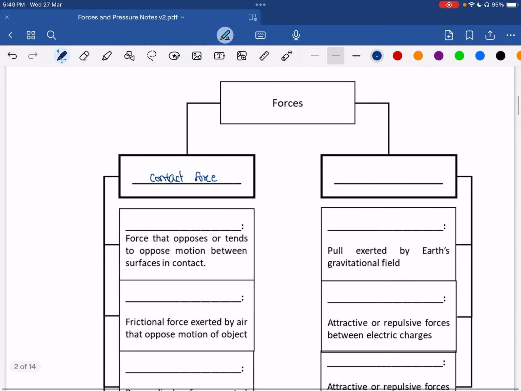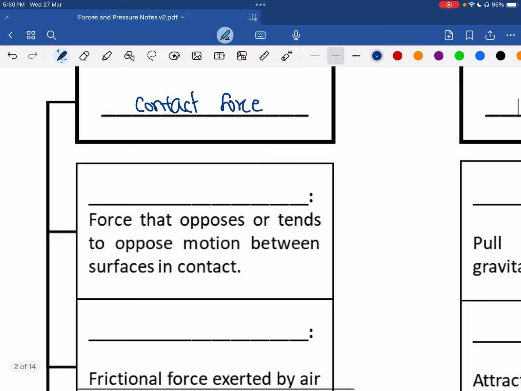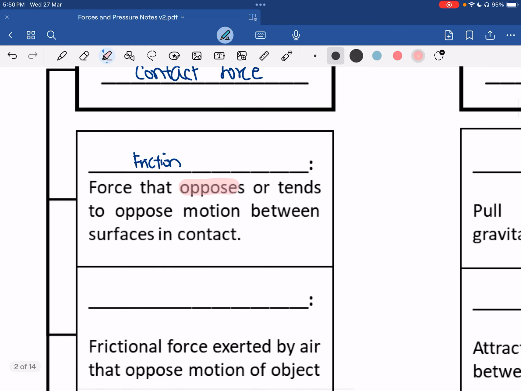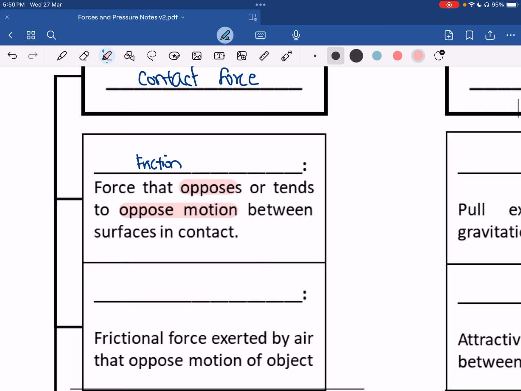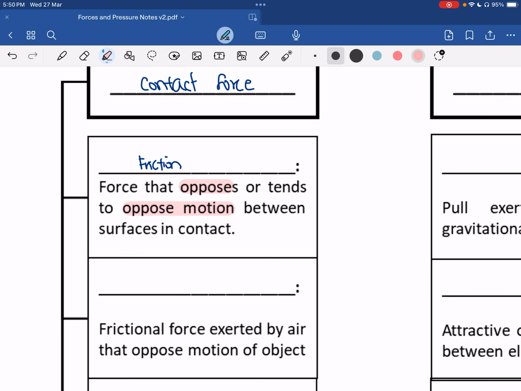Of the contact forces, one is called the frictional force, which is a force that opposes motion between surfaces that are in contact.